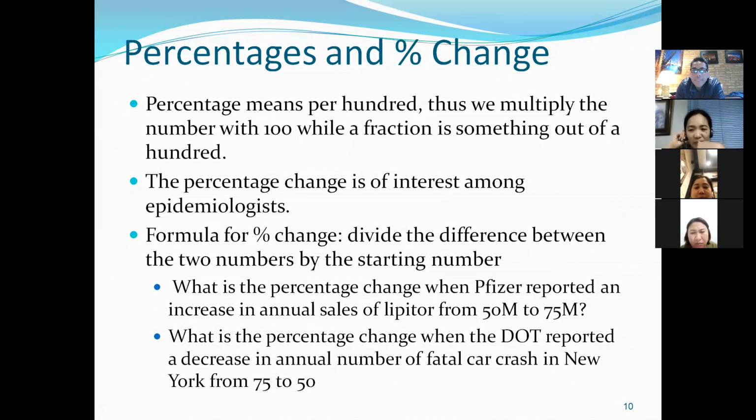It's correct, but you have to remember that you would subtract the difference between the two numbers. We always start with the first number. You see here, it's an increase, right? Because it's 50 million to 75 million.